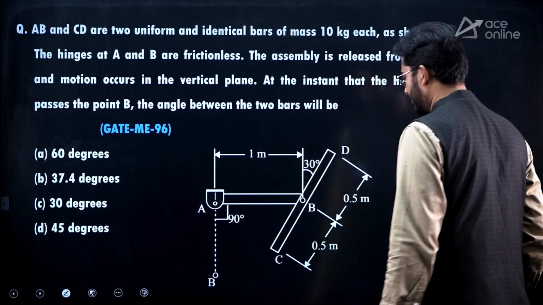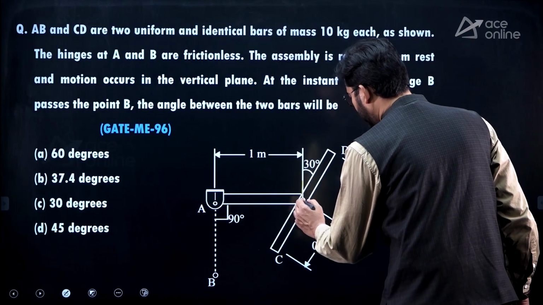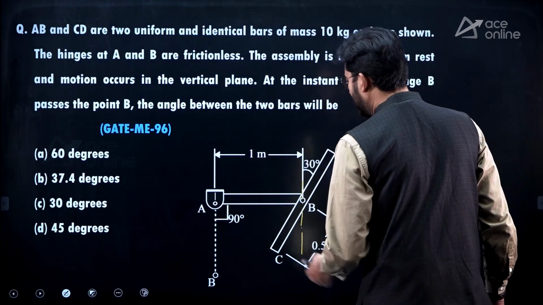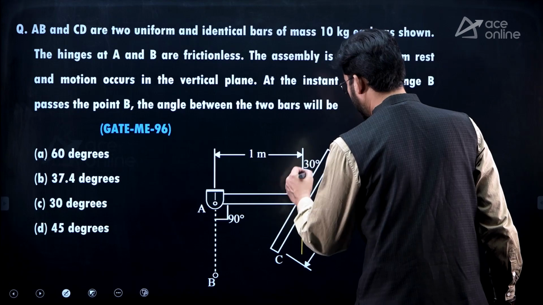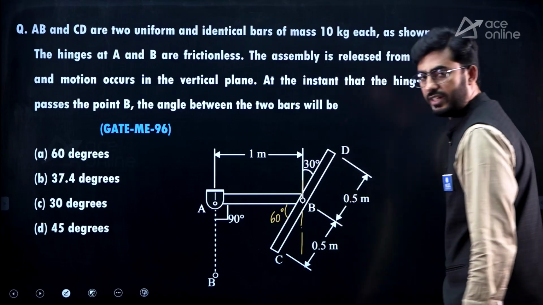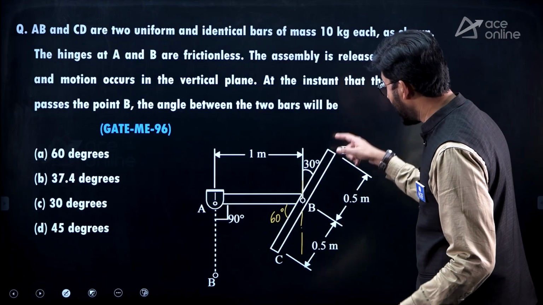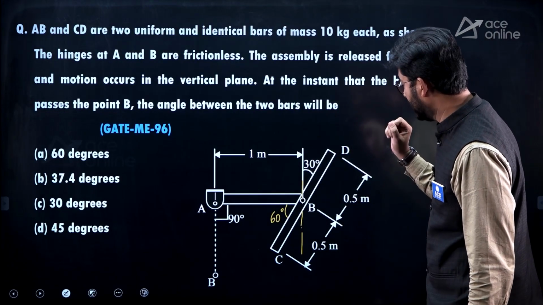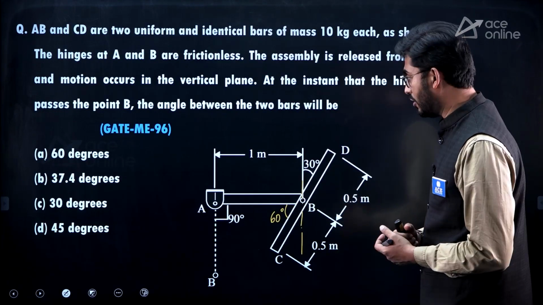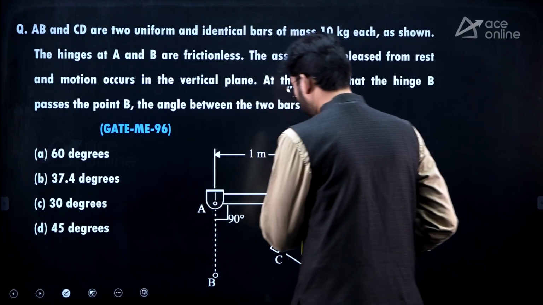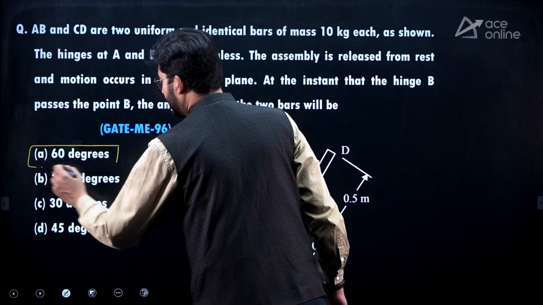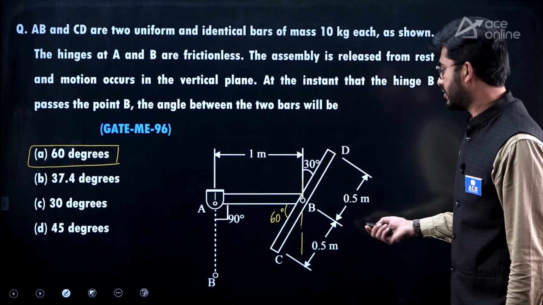So when it is released, the same orientation of B will be there as it passes through the point B. If the bar DC is making an angle of 30 degrees with vertical, the same bar will make an angle of 60 degrees with horizontal. So when you release it, the orientation of the bar will be same and the angle subtended between the bars will be 60 degrees.